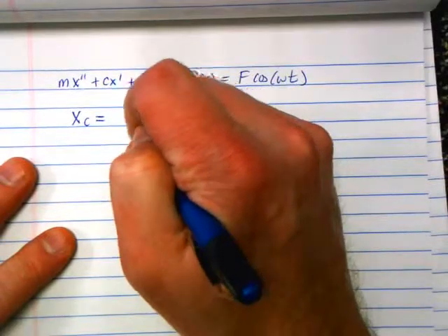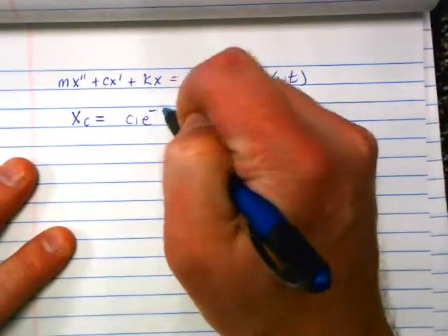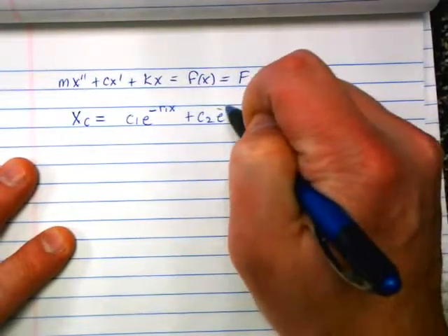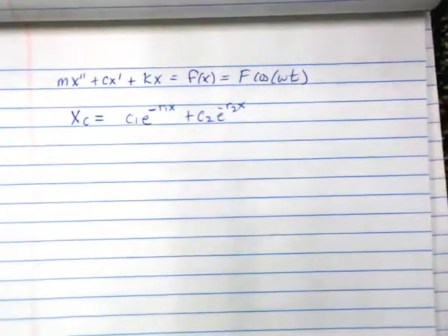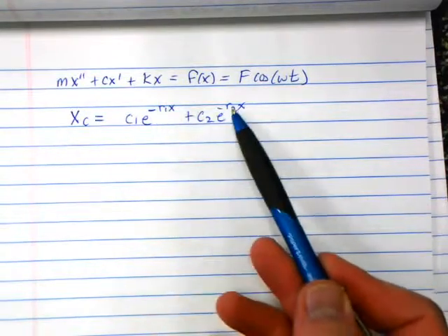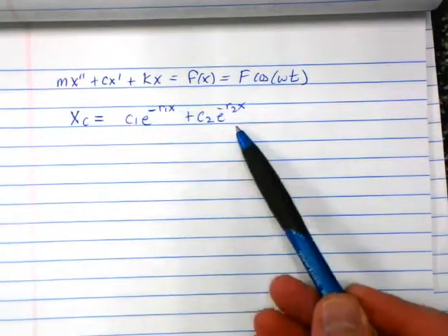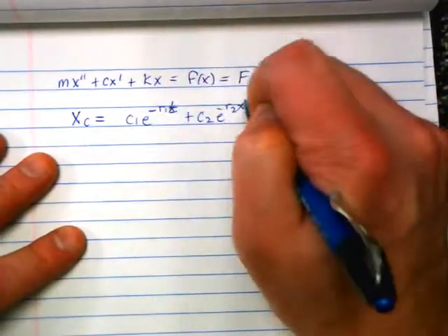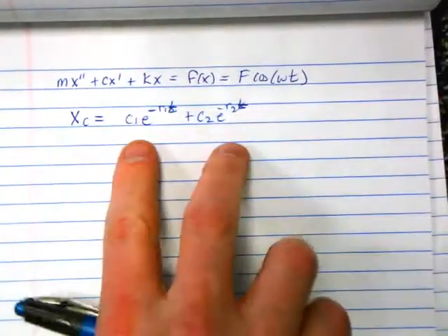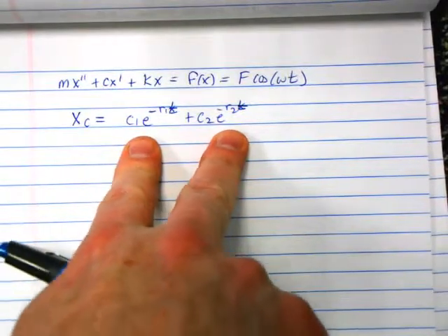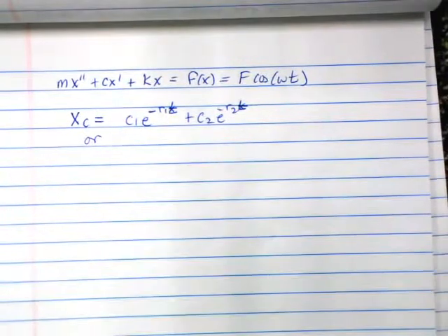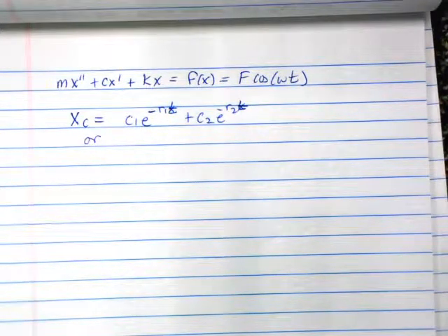We could have C1 e to the negative R1t plus C2 e to the negative R2t. If we get two real solutions, both are going to be negative, and when t gets big, this very quickly gets close to 0. So that was one possibility. What if we got a repeated root? One root, but it was repeated.